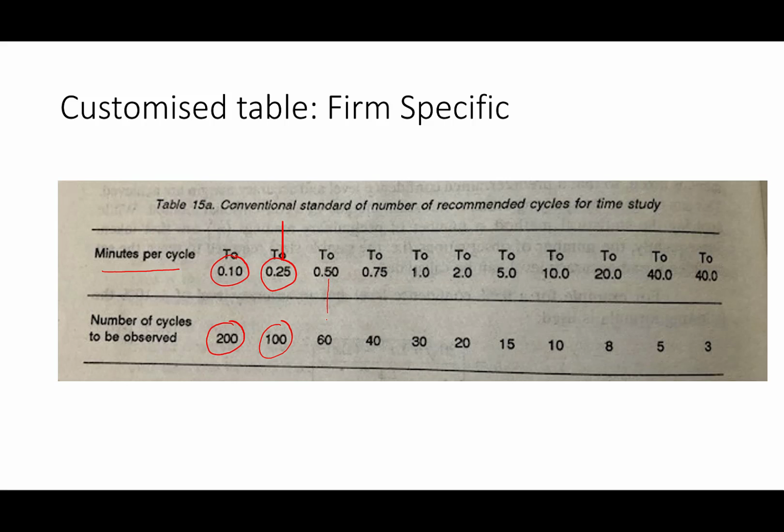Then up to 0.5 minutes, 60 observations, 0.75, 40 observations, 1 minute, 30 observations, 2 minutes, 20, and like this. So longer is the duration of the cycle time, lesser will be the number of observations required for conducting the time study to arrive at the more acceptable value of the time standard.